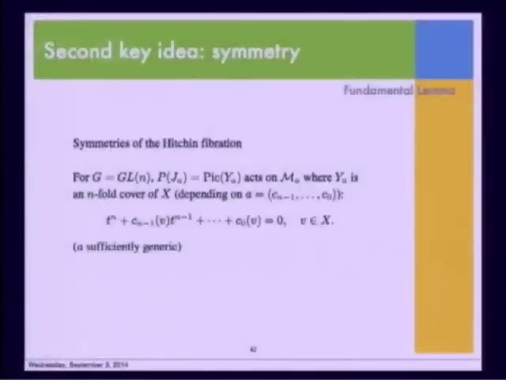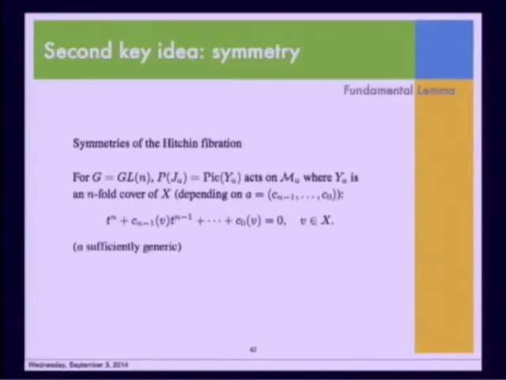So the second key idea that I mentioned was symmetries of the Hitchin fibration. I'll just briefly indicate the idea in terms of GL_N. We have a surface, and for each point on that surface, we're fixing an element A, which is like the characteristic polynomial.